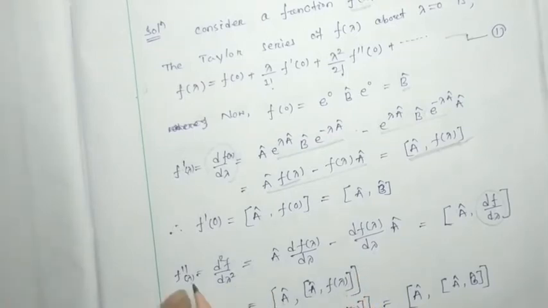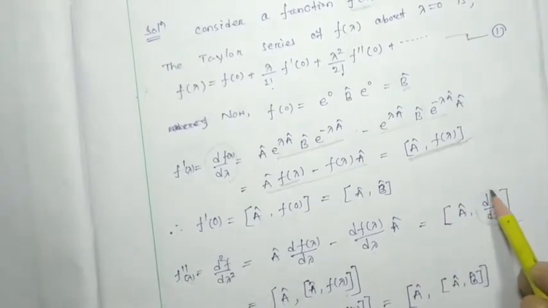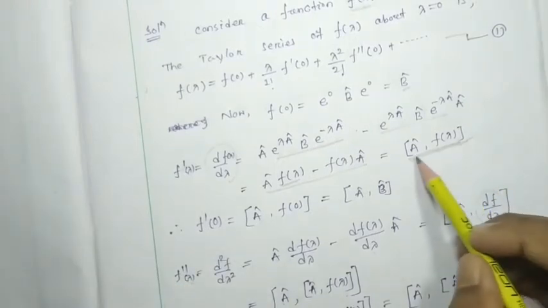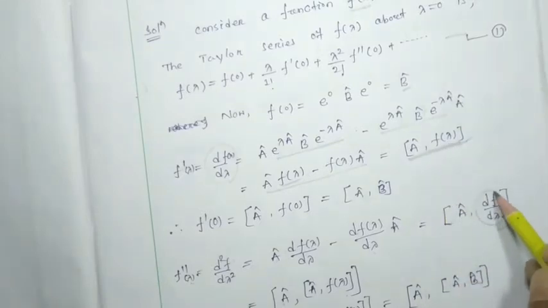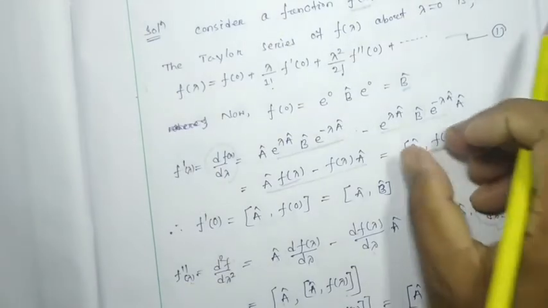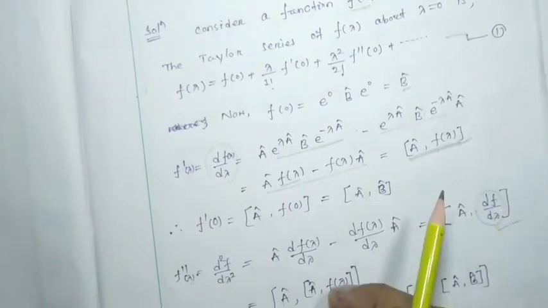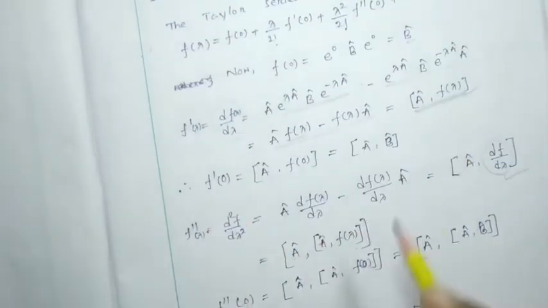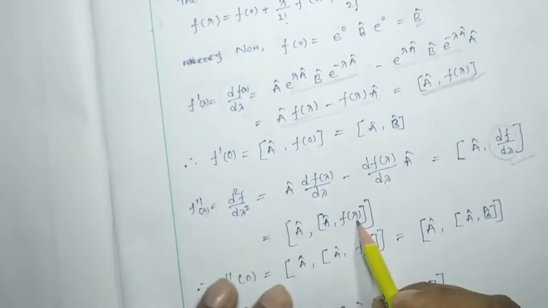Got it? See, f double dash: we found that del f by del lambda is this much. So instead of del f by del lambda, I am just going to put this one over here, A cap f lambda.